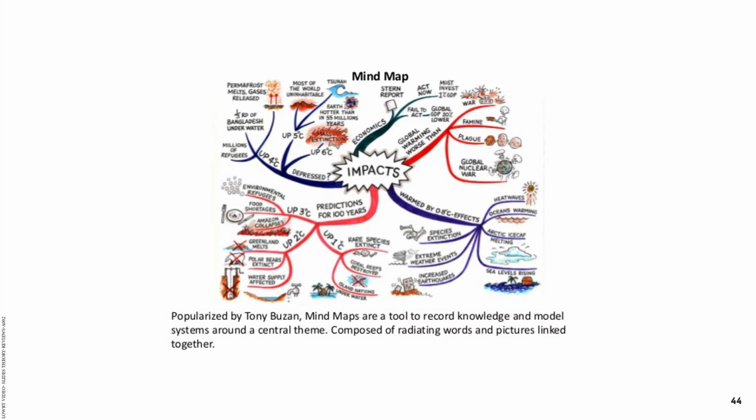Now, one other interesting way to think about concepts or work with them that I've seen used quite a bit, and Andy Van de Ven, University of Illinois, promoted this quite a bit, and this was popularized by Tony Buzan, is the use of mind maps. This is a tool that records knowledge and mental systems around a central theme.